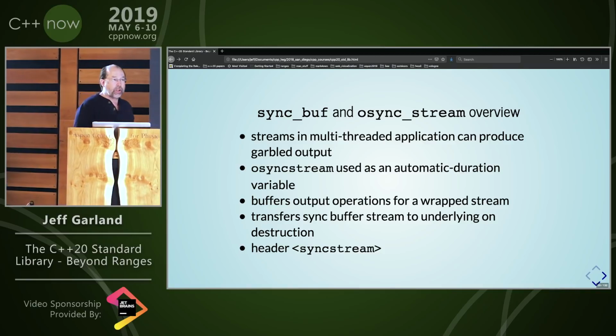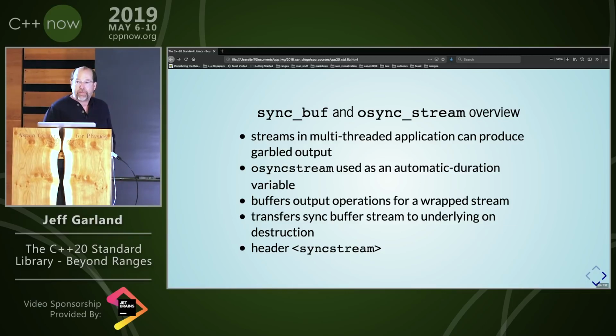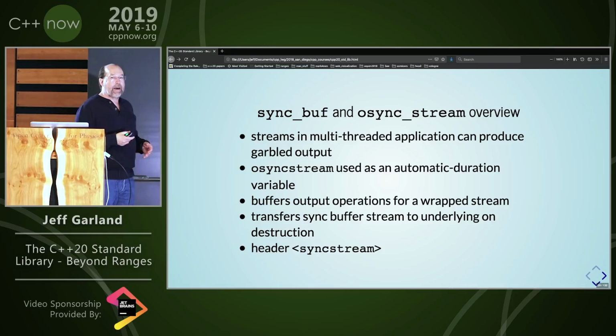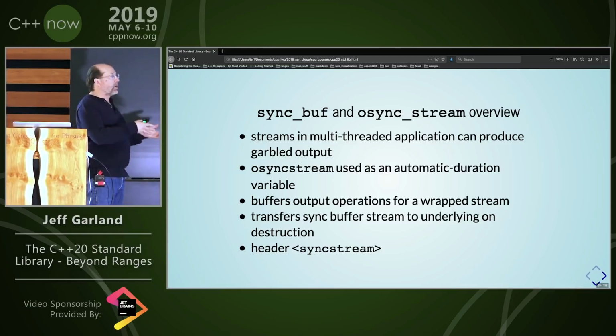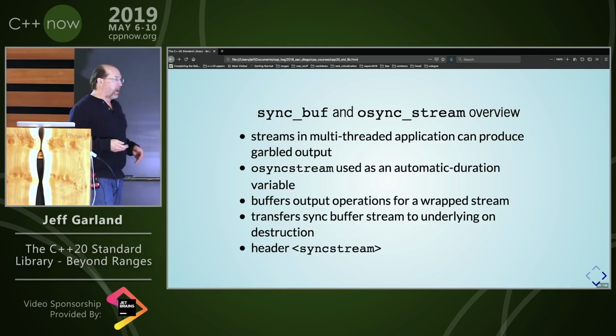They were working on this issue. Many people have run across this issue. There's probably five, six, seven papers associated with what we should do with the library to solve this. So what you're going to see today is the solution that came out, and it allows you to wrap up a stream and have an independent buffer and then synchronize the transfer of that buffer into the underlying stream appropriately.